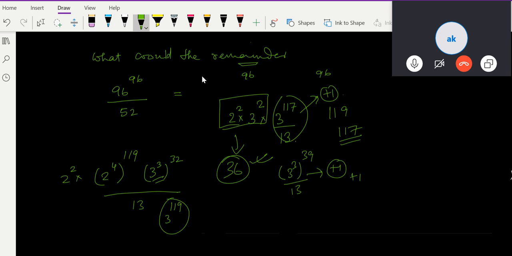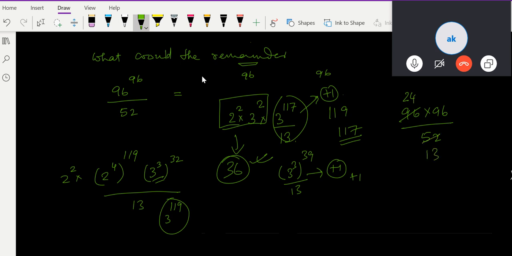See, test it out with smaller numbers, right? That is the best way. So if I do 96 into 96 divided by 52, that means 24 by 13.